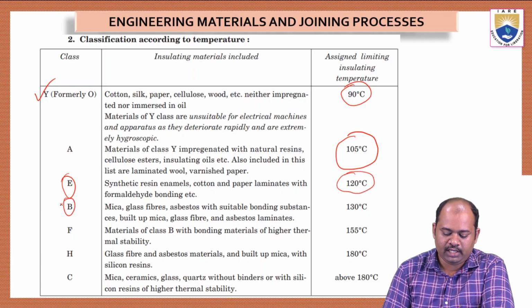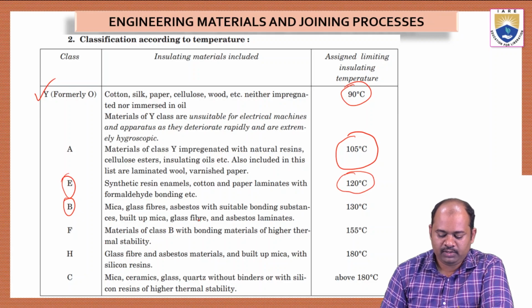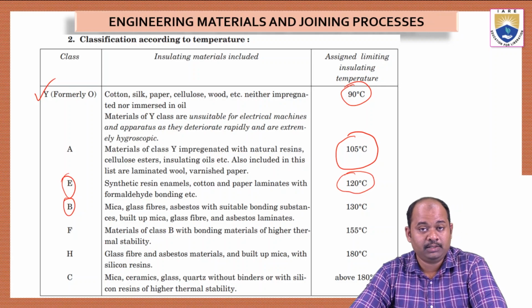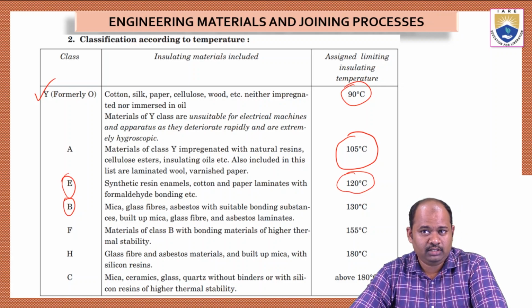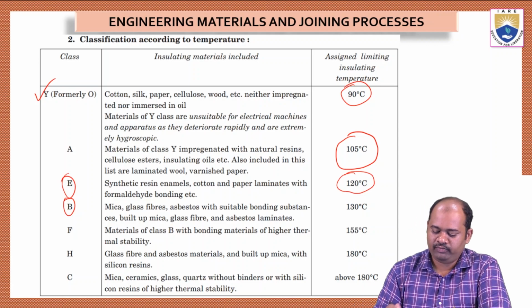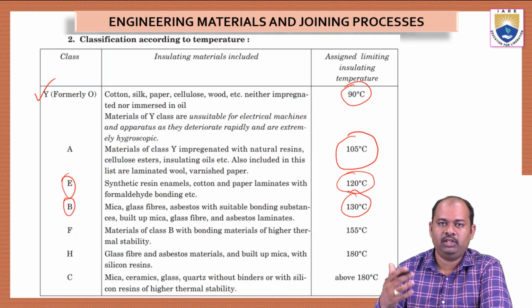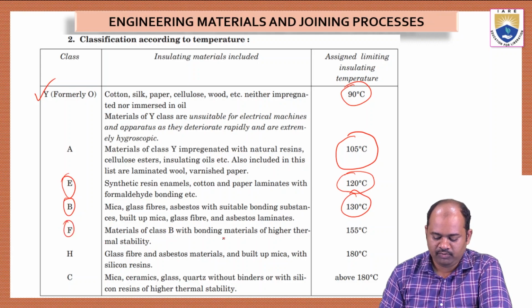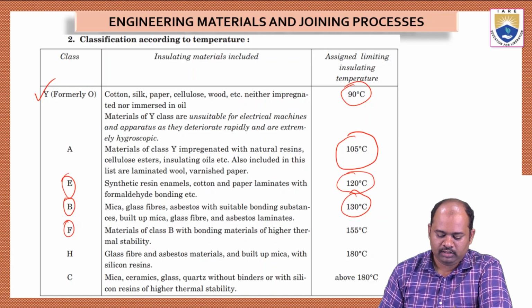And then we have B class. This is mica, glass fiber, asbestos with suitable bonding substances, built-up mica, glass fibers and asbestos lining. All these materials have a temperature resistance of 130 degrees centigrade. So below 130 they are good insulators. And we have F class, materials of class B with bonding materials of higher thermal stability.